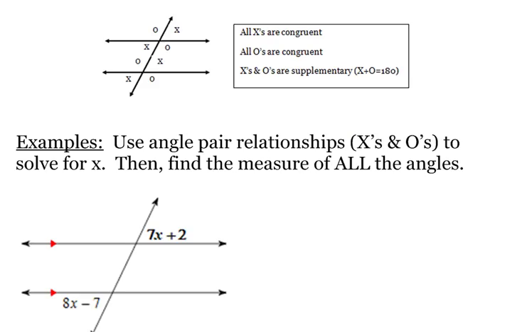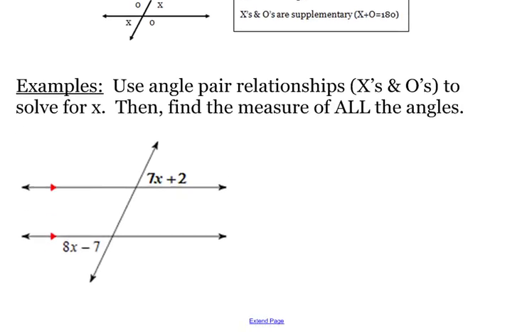All right, one more example. Same thing, setting up our x's and o's and solving for x. So let's start by labeling x's and o's. Now what do I have in this example? X and an x. What happens with x and x? They're equal.